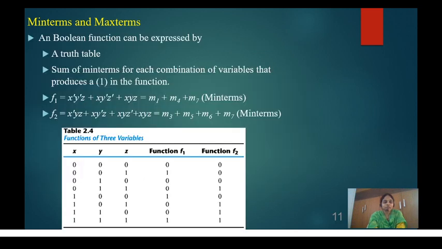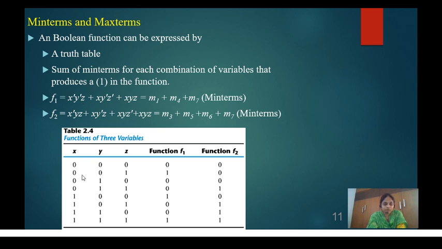Min terms and max terms can be expressed by using a truth table or sum of min terms for each combination of variables, and these are the min terms. This can be represented by using the truth table. Suppose this is the function x complement, y complement and z. How can you convert this into a number? X complement is 0, y complement is 0, z is 1. So 0, 0, 1.